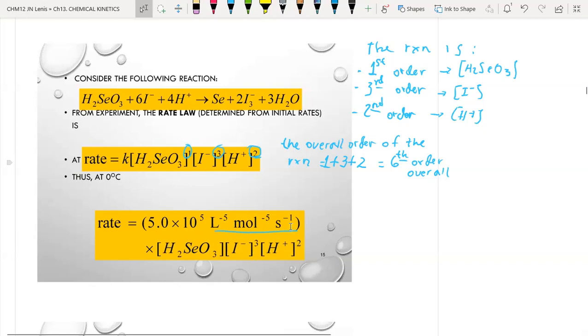Only in terms of reactants. Here we do not include the concentration of products. And also we express the rate as a positive number.